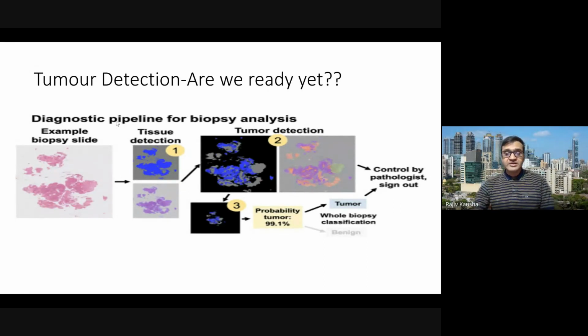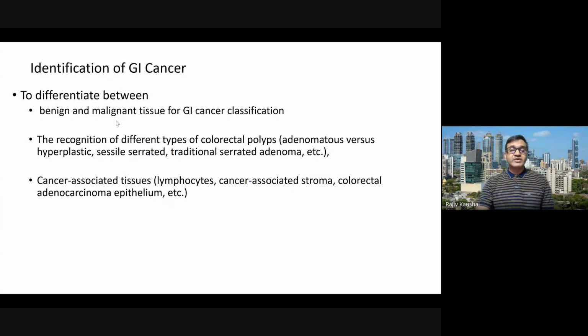So there are AI based models, especially in GI cancers, developed where they can predict the probability of cancer. So in GI malignancy and even in prostate cancers, they provide not only identification of the tumor but also information about the Gleason scores. So in a way they are trying to reduce our work slowly and slowly.